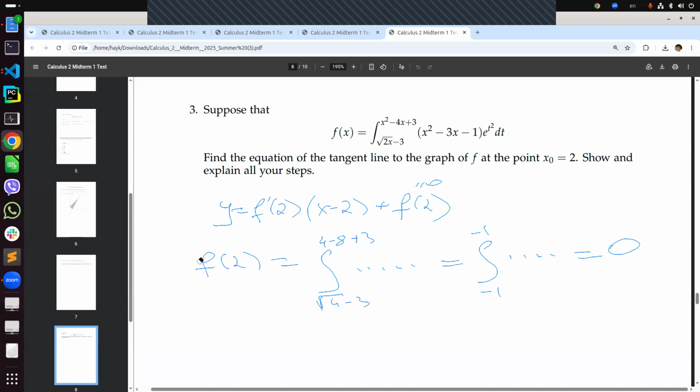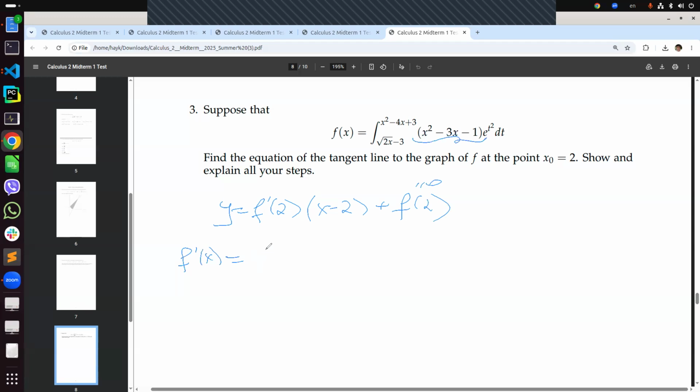And it remains to calculate the derivative of our function, which is possible to do if we practiced a lot and we are familiar with the fundamental theorem of calculus, which says f prime is what? Now, one of the issues is that here we have something dependent on x.